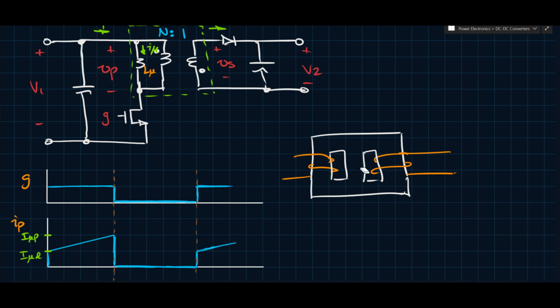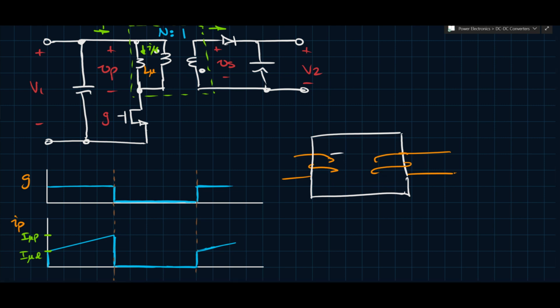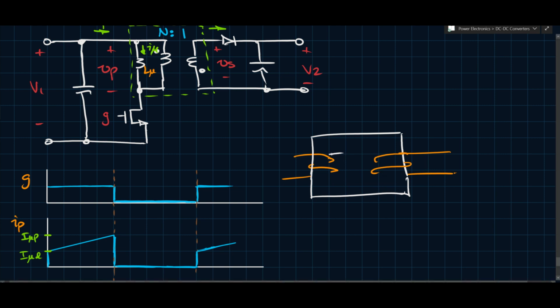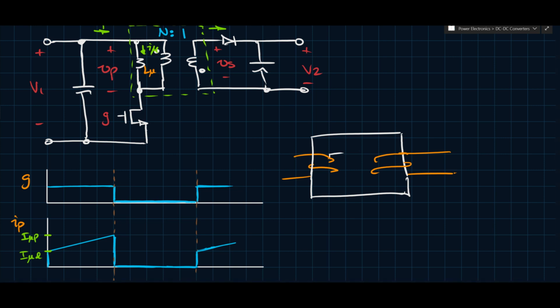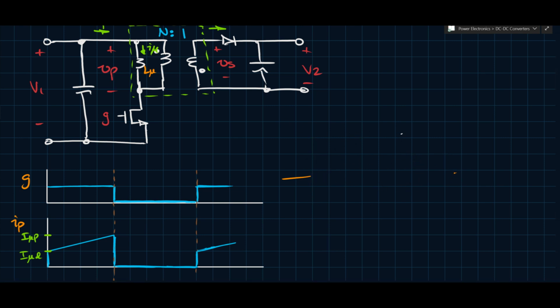But what's done usually in the case of a flyback or any sort of transformer that is required to store energy is they purposely put a gap in the transformer core. What that does is you can store more energy basically in a core like that. So we can get rid of that and draw it from scratch.